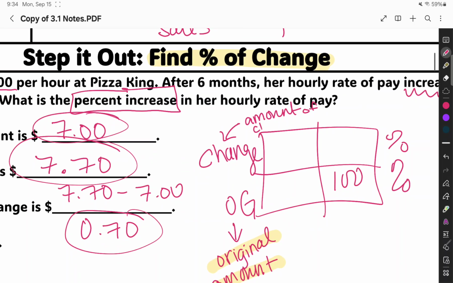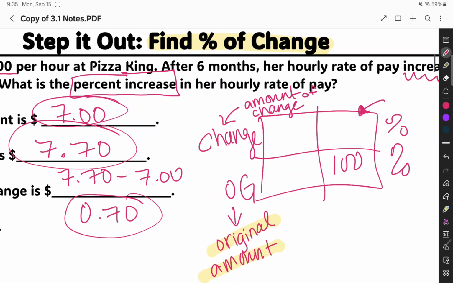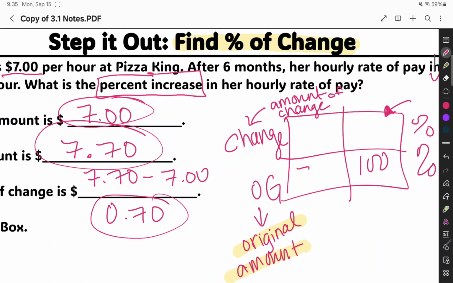And this box is still going to be the percentage portion. Our original amount was $7. It had a complete change of 70 cents.